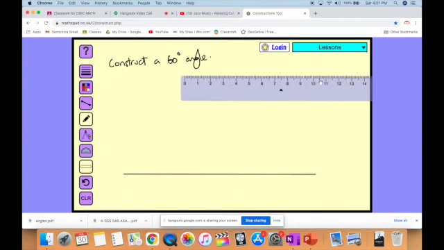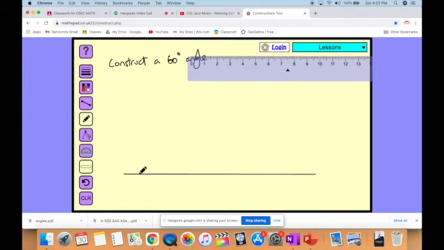And I'm going to mark a point A. Now, you take your compass, you put the point on point A, and you open the compass to any level you want. It does not matter.